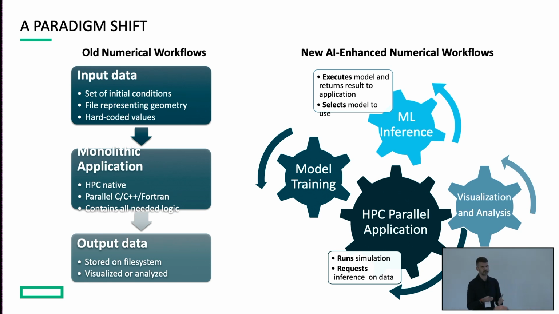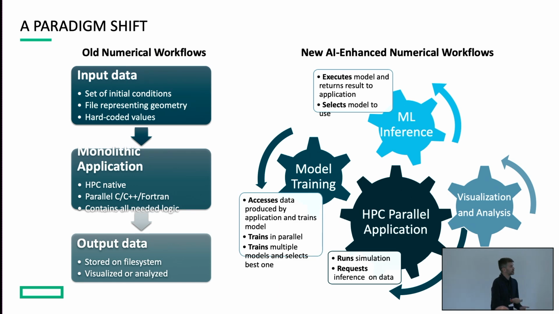Maybe it chooses the best model out of some models it has. The model training, which you could be doing during your workflow, just accesses the data produced by the parallel application, trains in parallel maybe, trains several models at the same time, selects the best one, and puts things back into the workflow.